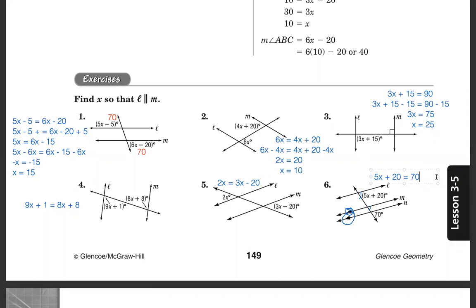So what if you just want to use the consecutive interior? So if this is 70 over here, then on this other side, it means that this angle over here is 110, right?